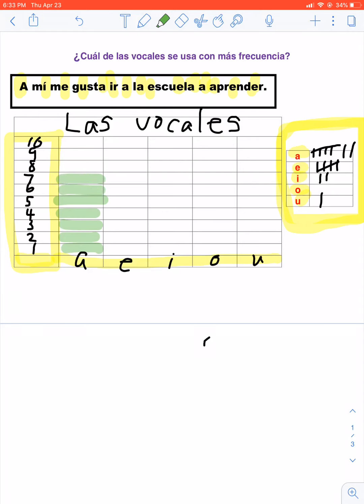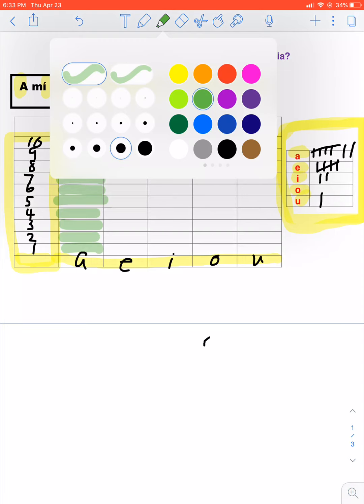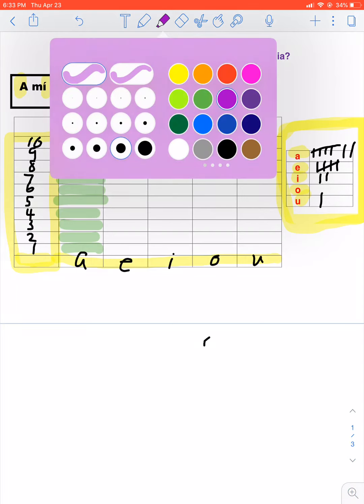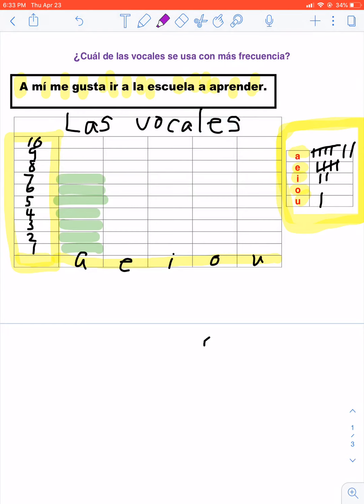Okay. Ahora la E. How many did we count? Right, 5. Usually you want to change the color. You don't have to, but usually you want to be able to see the differences in the numbers easily. So 5 barras, 3, 4, 5.